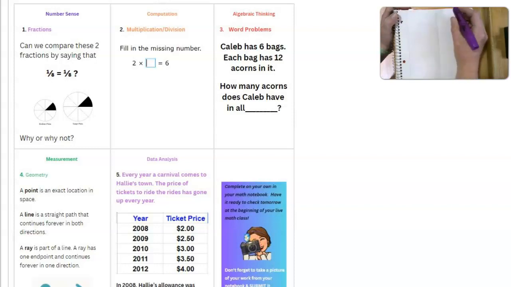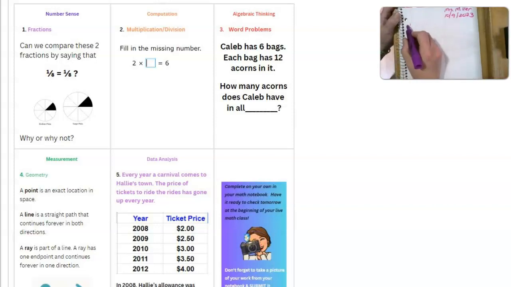First thing, please put your name and today's date at the very top. So today is 10/9/2023. Number your paper 1 to 5. 1, 2, 3, 4, 5.